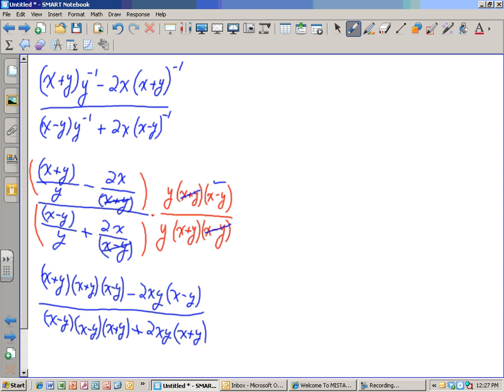I have two terms on top. And take a look at these two terms. What do they have in common? An x minus y. There's an x minus y in the first term and an x minus y in the second term. So I'm going to factor it out. Distributive property. I'm going to factor it out. X minus y times, I'll use brackets, x plus y times x plus y.